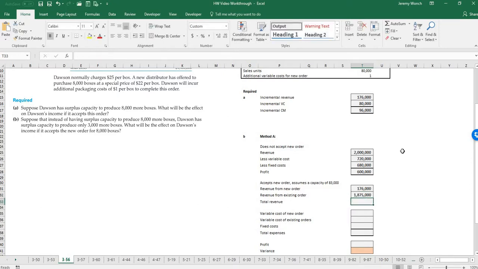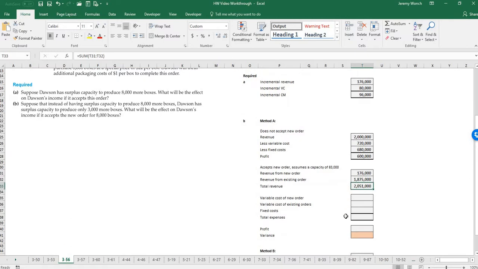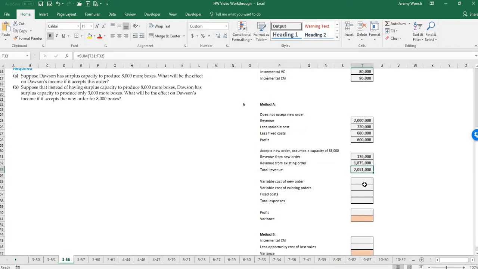So revenue from existing customers is going to be 1.875 million. That means our total revenue in this situation would be 2,051,000. So we'd actually make 51,000 more in pure revenue. But we have to subtract our variable cost.